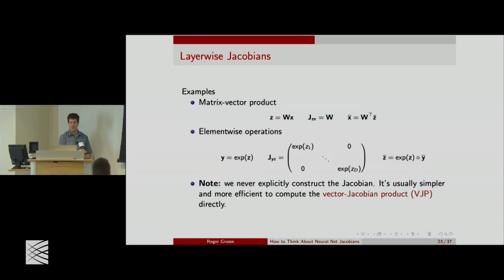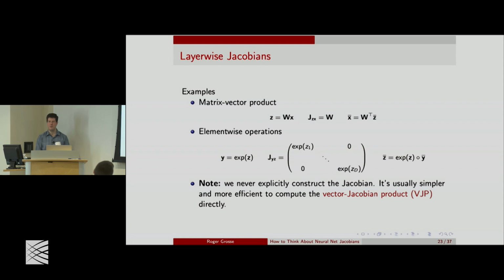And so for instance, if you have a linear operation, so z equals W times x for some matrix W, then the Jacobian of that operation is just W. And so the backprop operation will be J transpose times z bar, which is just W transpose times z bar. A slightly more interesting example is if you have an element-wise operation.